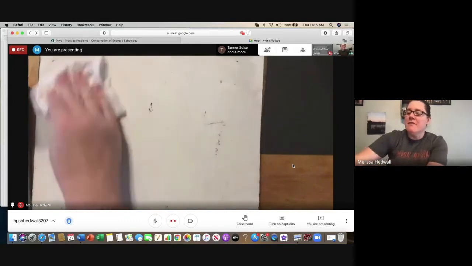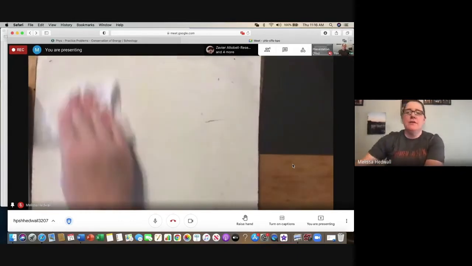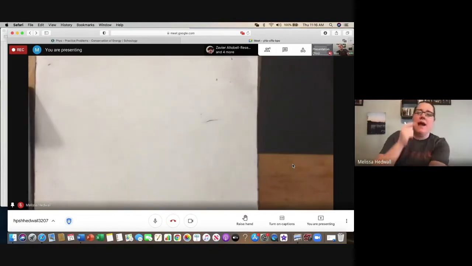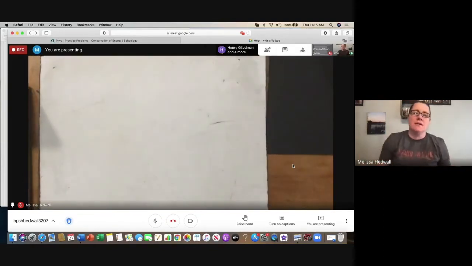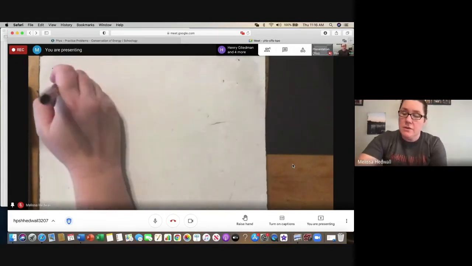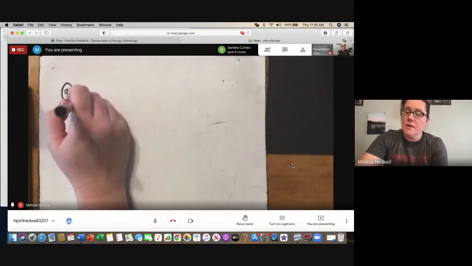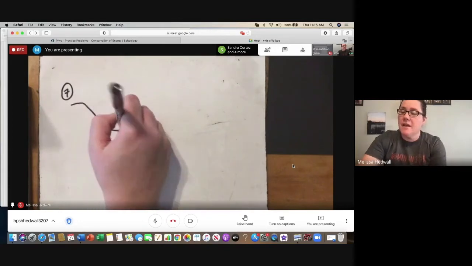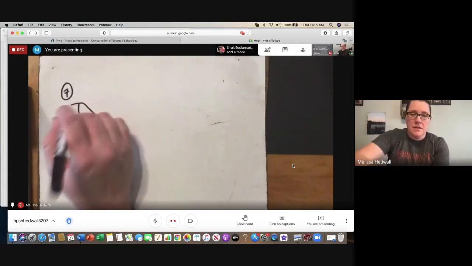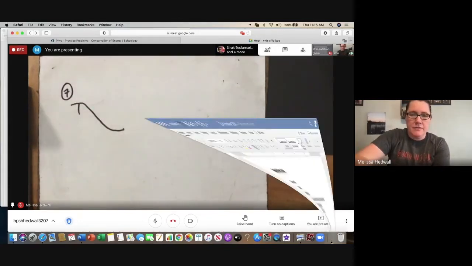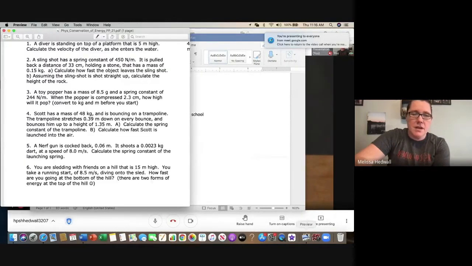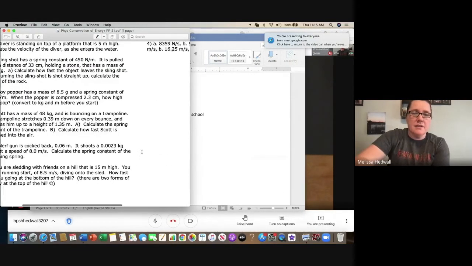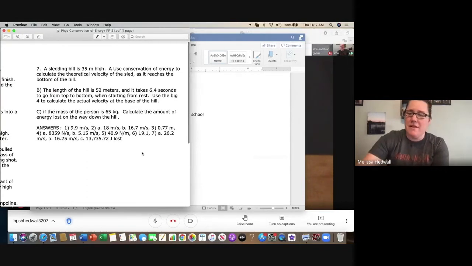Number 7, if we were doing regular school stuff, we would do a sledding lab. And our sledding lab would look exactly like number 7. So in number 7, we have our hill here. And the height of our hill is 35 meters.